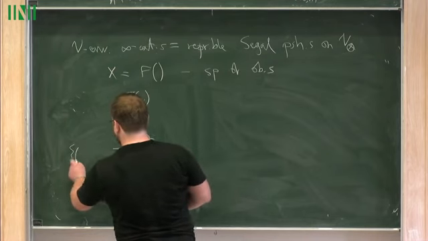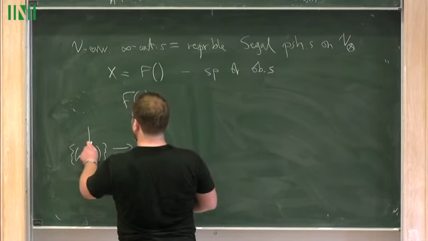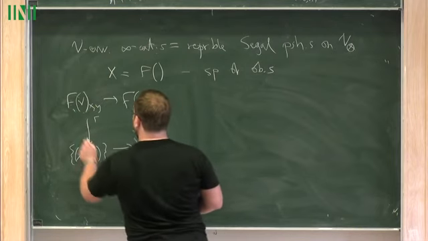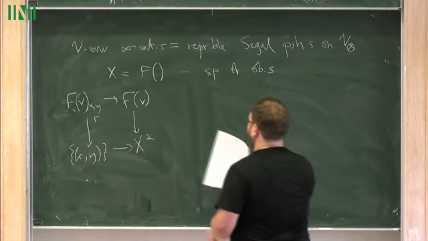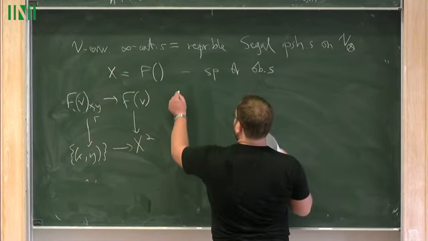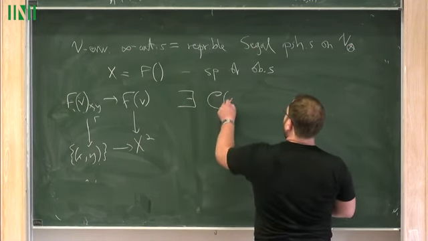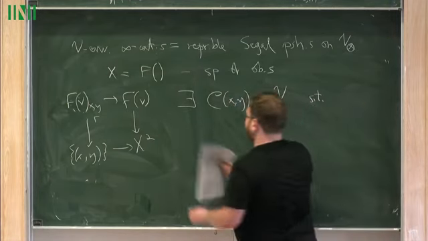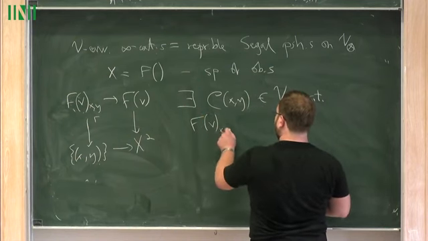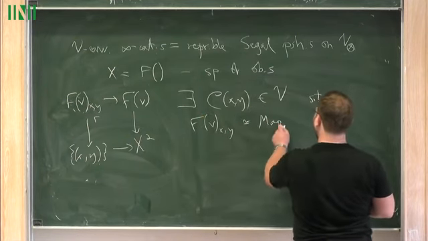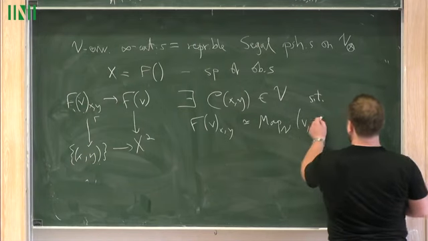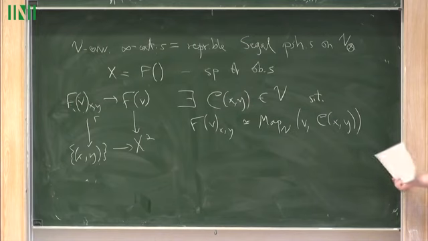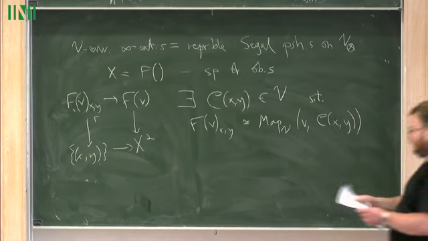I can take the fiber at a pair X, Y, and call that F_V(X,Y). The representability condition says there is some object C(X,Y) of V such that this fiber F_V(X,Y) is equivalent to maps in V from little v to C(X,Y). So this is the object that gives you the morphisms from X to Y in the enriched category.